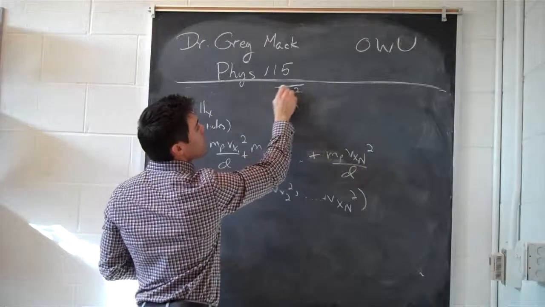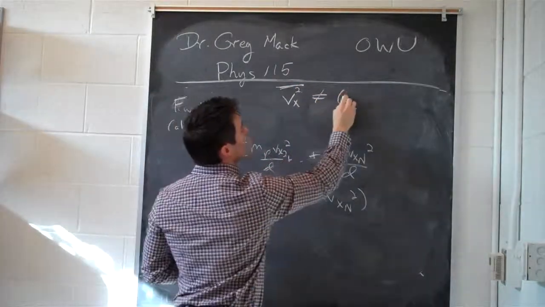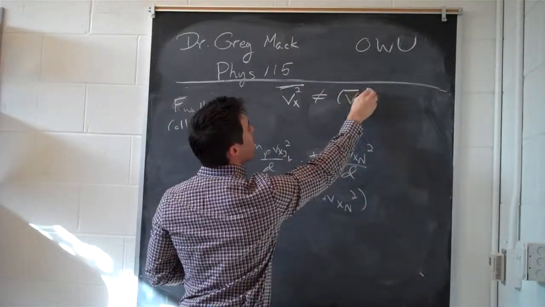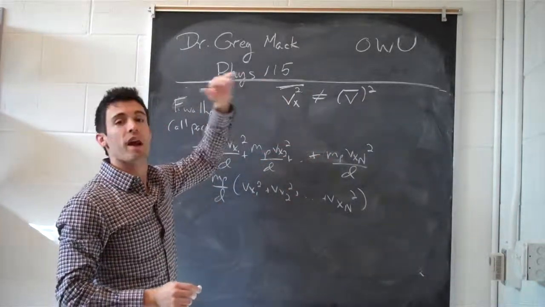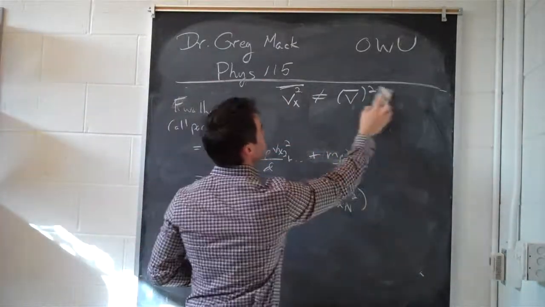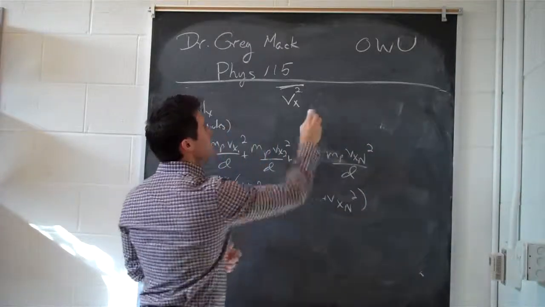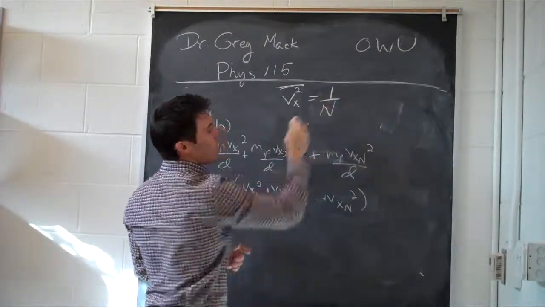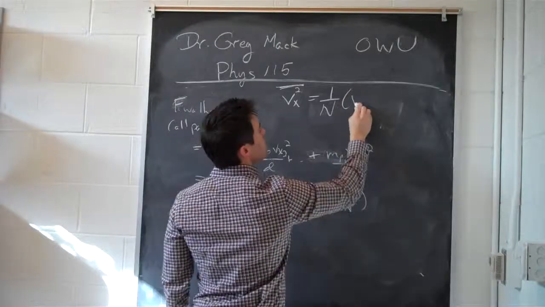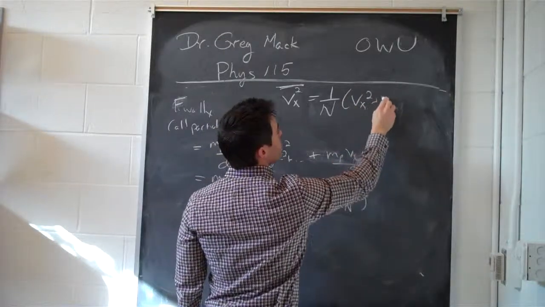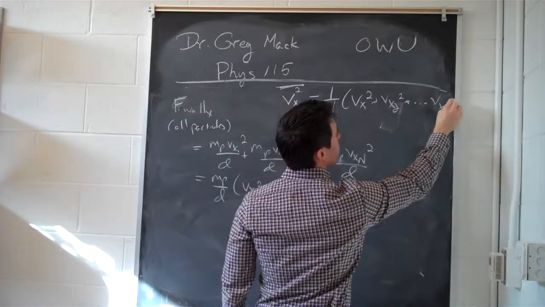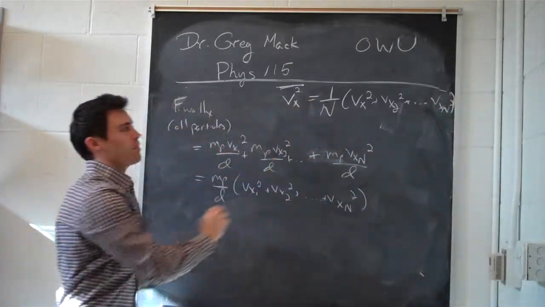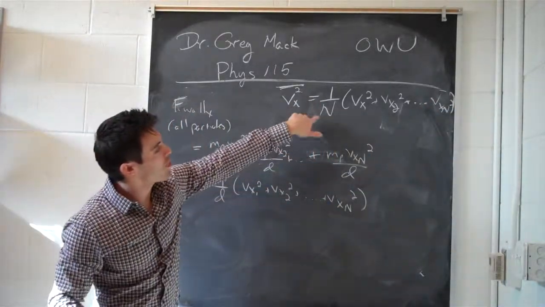So it's not v average squared, it is actually v squared averaged. That is equal to 1 over the total number of particles times Vx1 squared plus Vx2 squared plus Vxn squared, which is exactly what we have here, except for this factor of n.